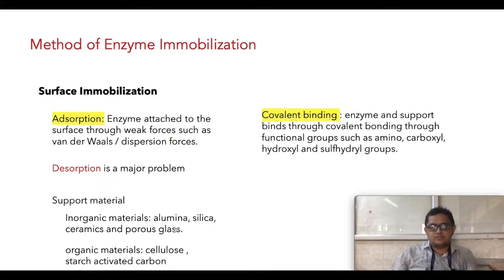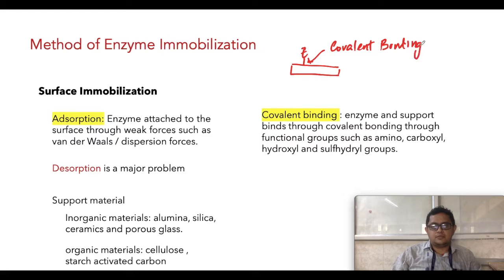So what is the next method that is available? In surface immobilization, the second method is called covalent binding. That means your enzyme and the solid material are attached through covalent bonding.